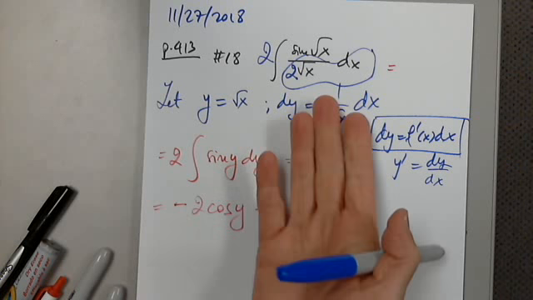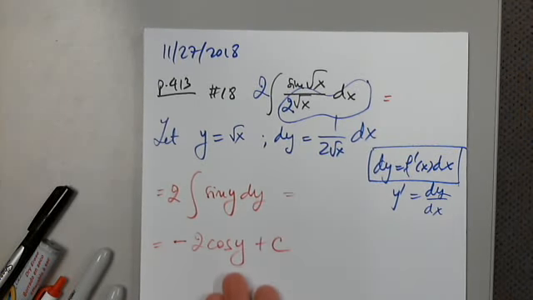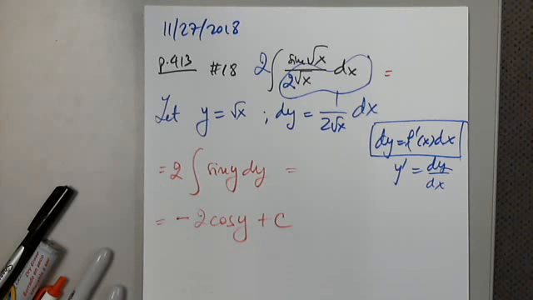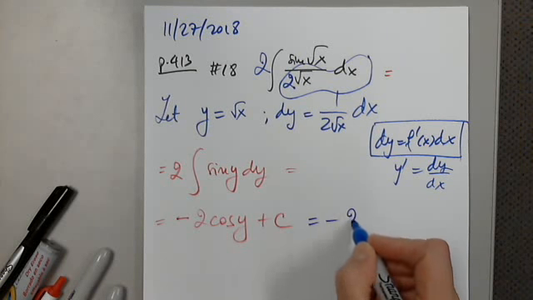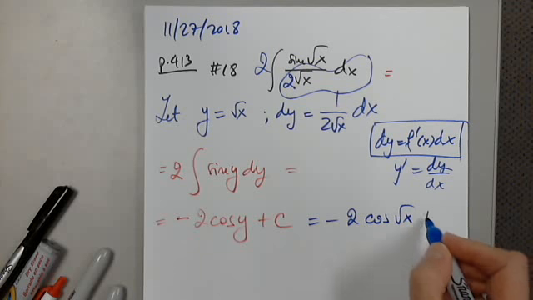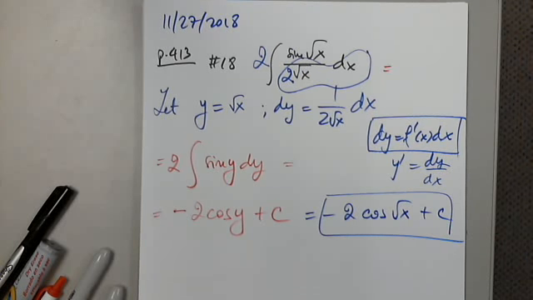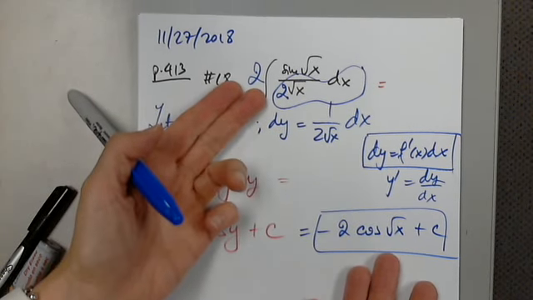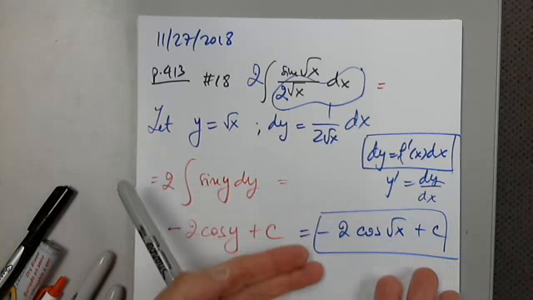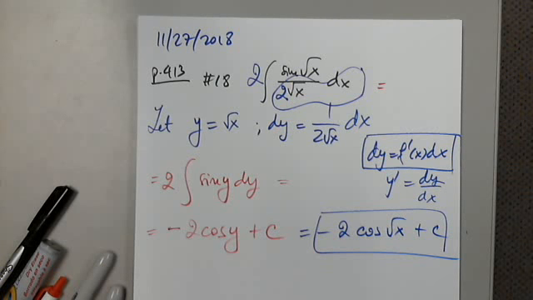So we cannot start with an integral in x and end up with an answer in y. So I have negative 2 cosine the square root of x plus c as the final answer. Can I check? Easily, by differentiating both sides, the left-hand side and the right-hand side, and I would get the same thing.